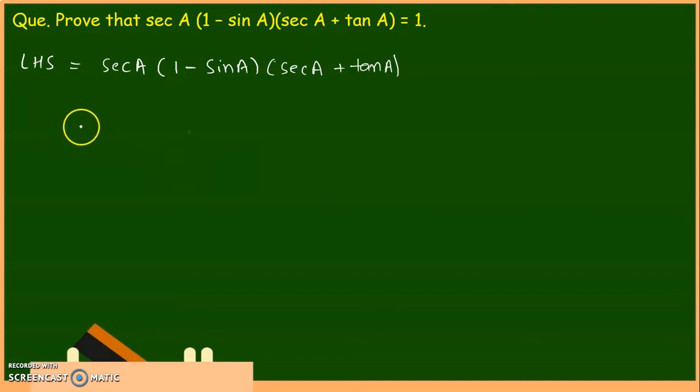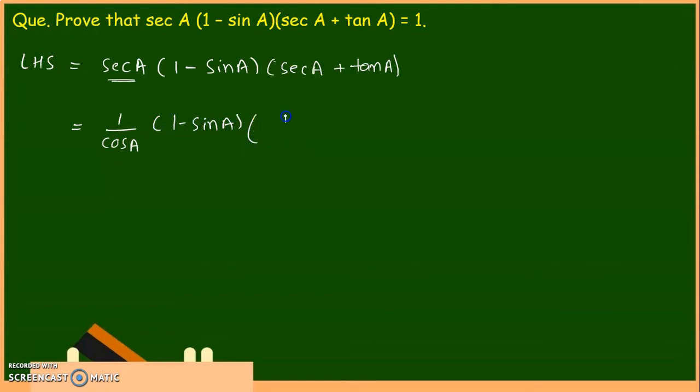So to simplify this, let's convert all the trigonometric ratios in the form of sine and cos. So we can write this sec A as 1 upon cos A. Here this 1 minus sine A, that is as it is.